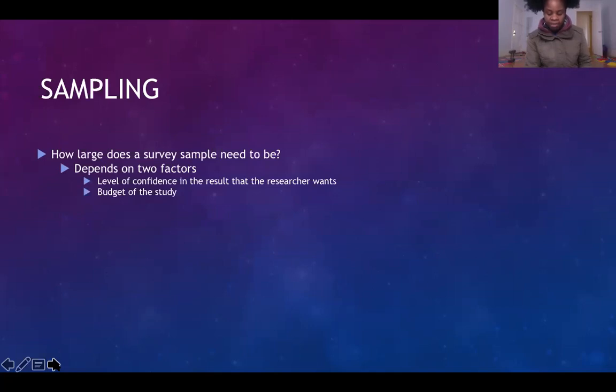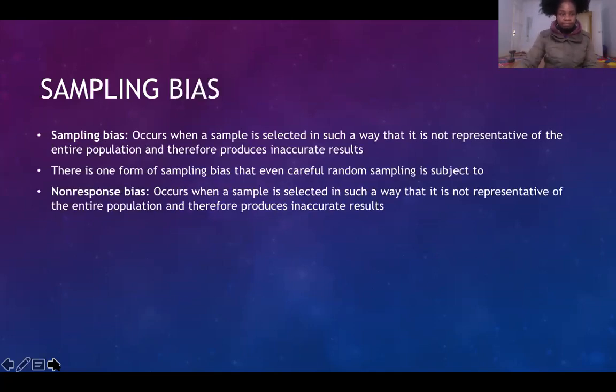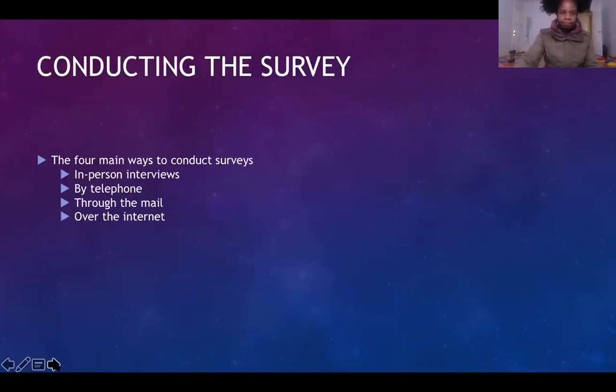Although there are methods for statistically correcting for non-response bias, they are based on assumptions about the non-responders, okay? How large does a survey sample need to be? It depends on 2 factors, the level of confidence in the results that the researcher wants and also the budget of the study. And then we just went over sampling bias, so there's that.